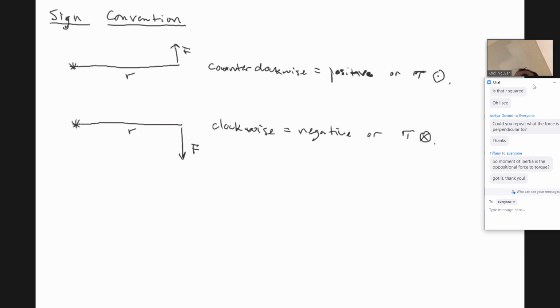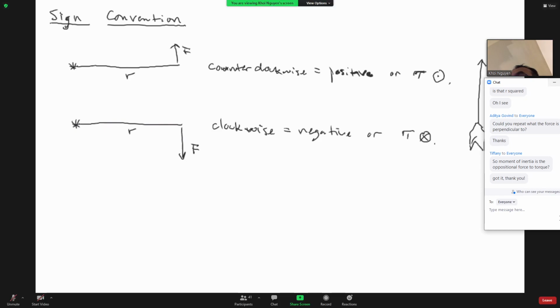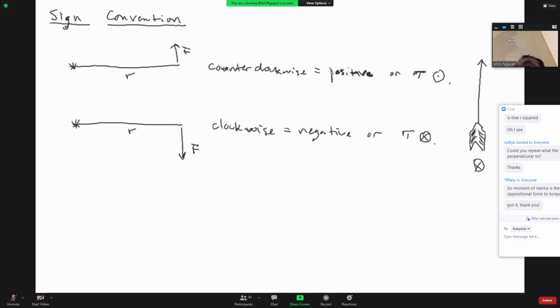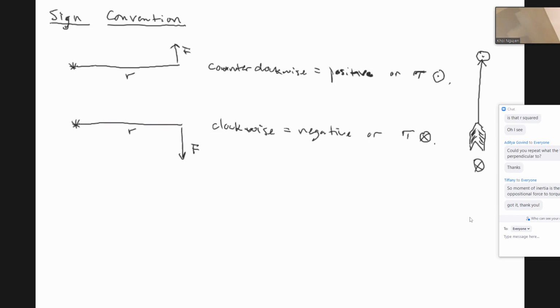This is the direction. So if we think of the arrow, like I said, this is the feathers part of the arrow, this is the X, and if you see the tip of the arrow, that's the dot. Cool? That's what the dot and the X stand for.